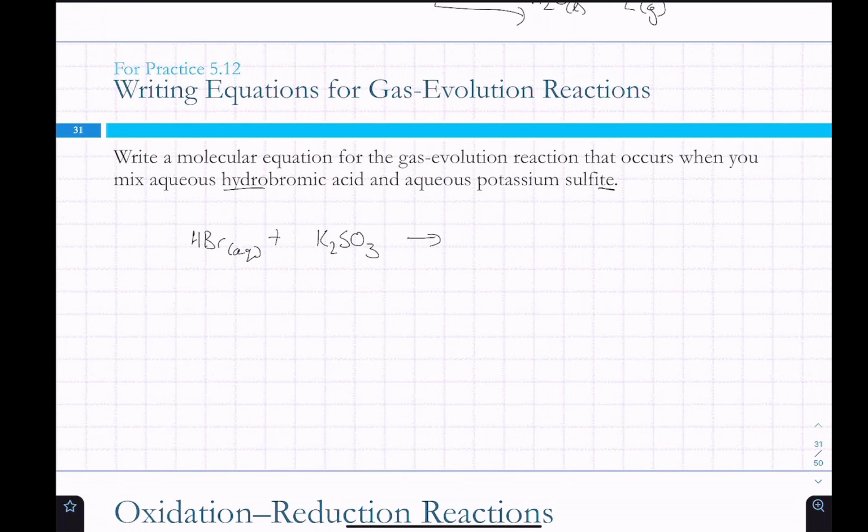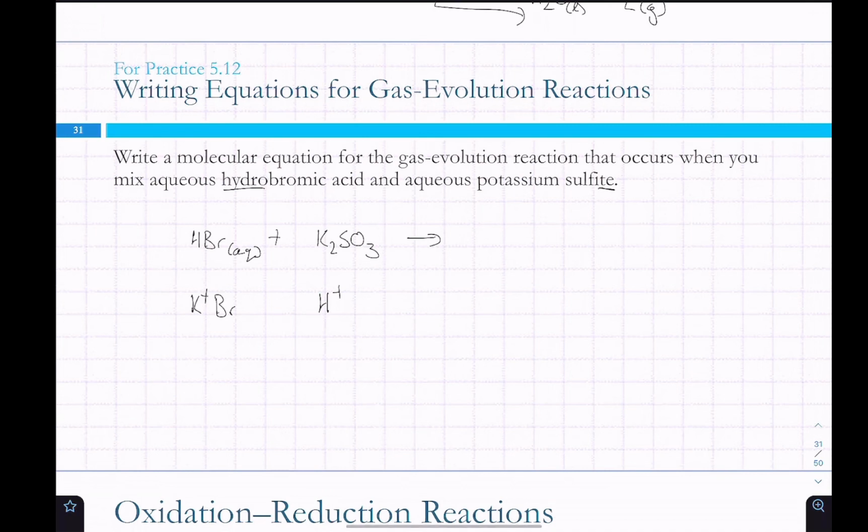And we could do something similar to what we did before with the precipitation reactions, because essentially what we have here is a double displacement. We have two ionic compounds, I should say also. Acids are ionic compounds. Swap the cations, and then you drop the anions down.